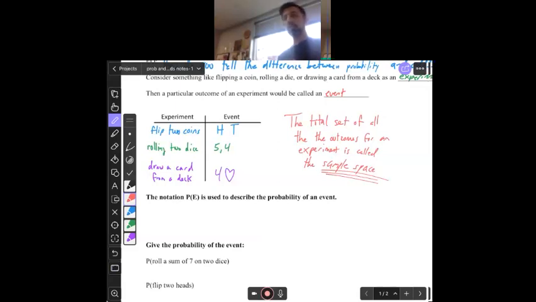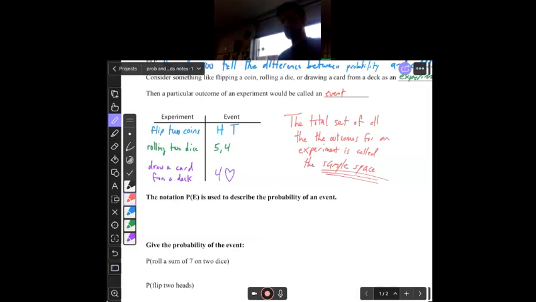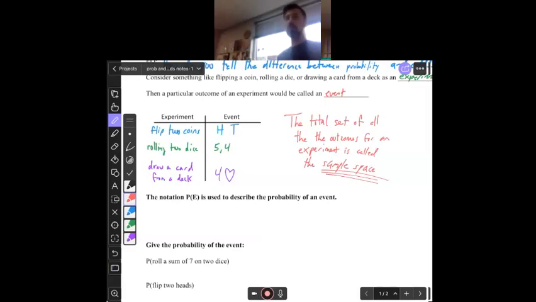So it's often important that you're able to identify what the sample space is, or at least how large the sample space is, as part of figuring out probability. So just think about that. Like, what are all the things that could happen?